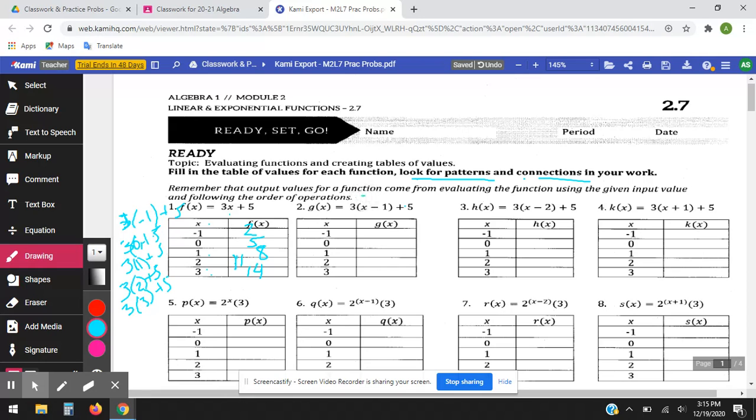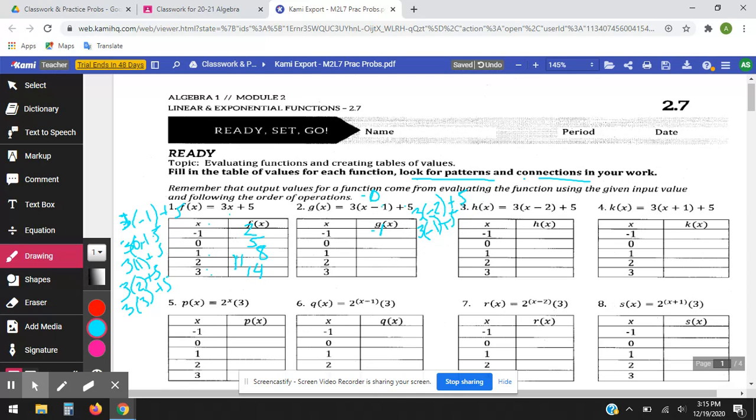So here I'm going to put a -1 in here. So -1 minus 1 is -2, and 3 times -2 plus 5 is -6 plus 5, which is -1. Now I'm going to put in the 0, and so 0 minus 1 is -1, 3 times -1 plus 5.